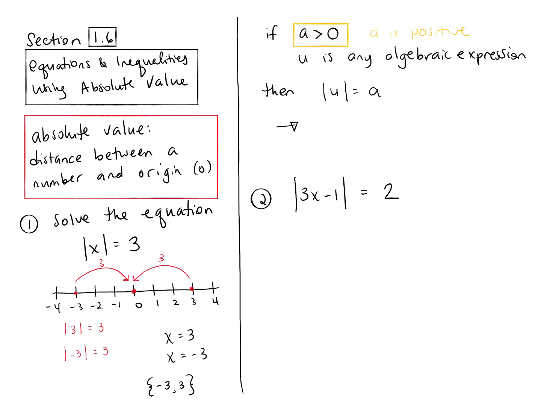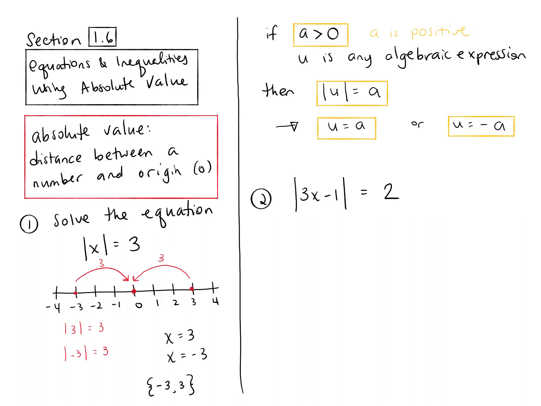We have U is equal to A, or U is equal to negative A. You actually have two statements that arise from that one statement. So if you are ever given an absolute value statement, then you have two resulting equalities that come out of it. We have to take that into account.